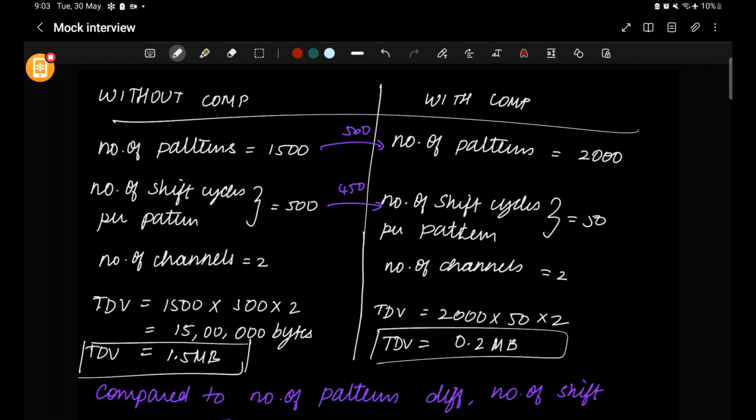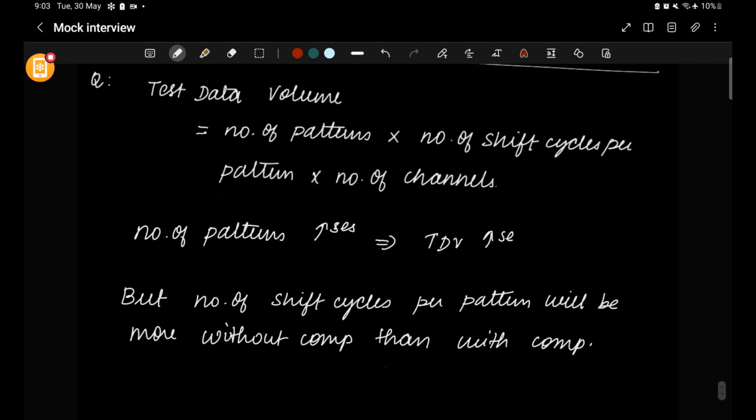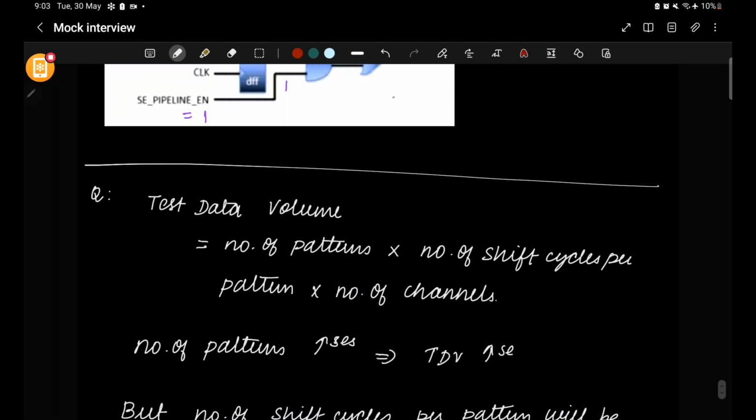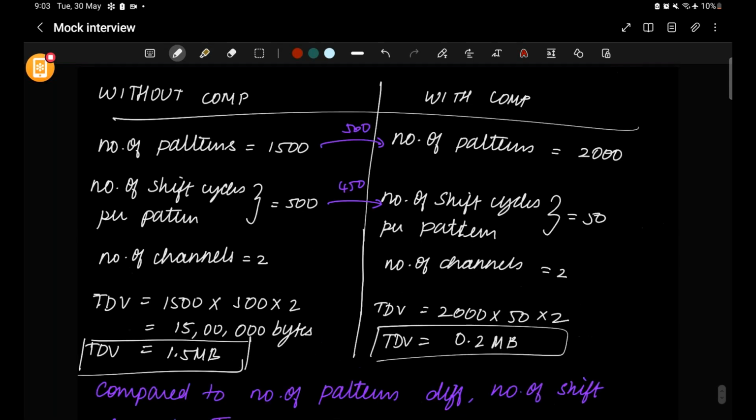Yeah, ma'am. If the number of shift cycles is reduced, test time will be reduced, no, ma'am? How is the number of patterns related to test data volume? No, this is the formula for test data volume: number of patterns into number of shift cycles per pattern into number of channels. You have to substitute in it and take with compression and without compression. With compression, test data volume will be less compared to without compression.